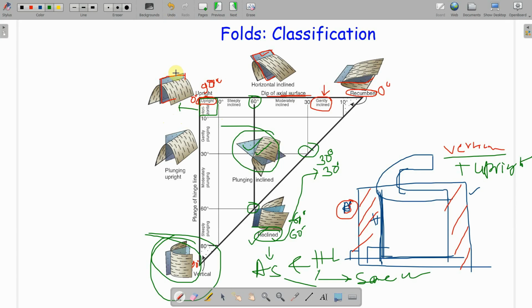If I want to specify it on the basis of these two parameters, then I will say it's an upright horizontal fold. Because the hinge line is horizontal. Why upright? Because the axial plane is perpendicular to the horizontal plane. That's right, upright.